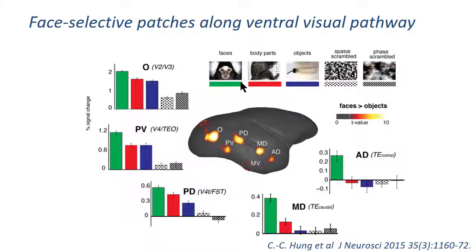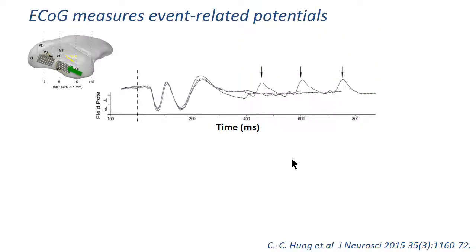And one of the particular data that we obtained for the first time in marmosets is revealing these face-selective patches that are discrete in nature, like in macaques and in humans, and that have higher activation when the stimulus is faces versus any other stimulus. And this data is now published both in the journal Neuroscience and also in Neuroimage.